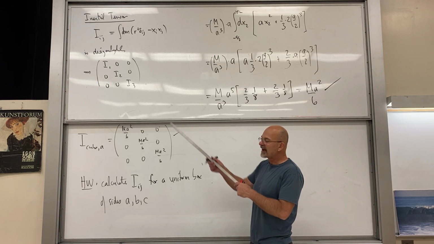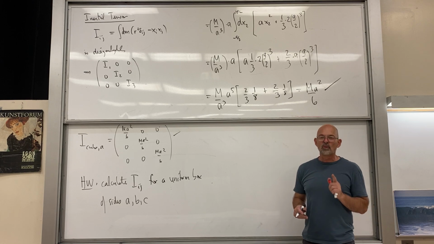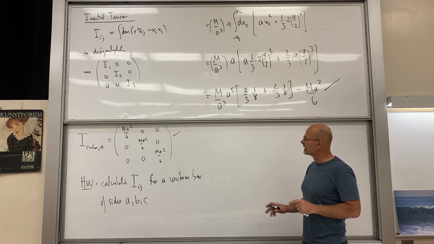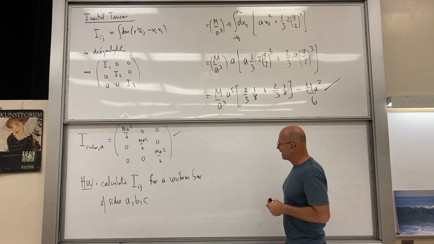And we'll set it up exactly the same way we did this one. So it should only take one of those integrals and then some clever relabeling to figure out what the whole thing is.